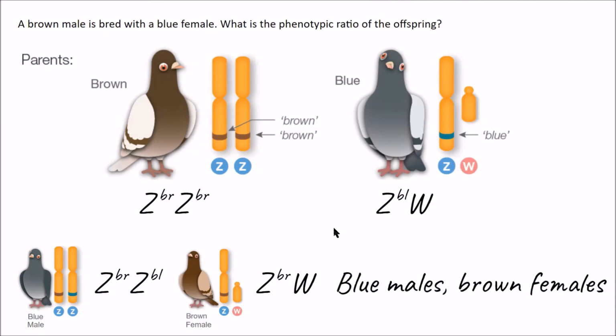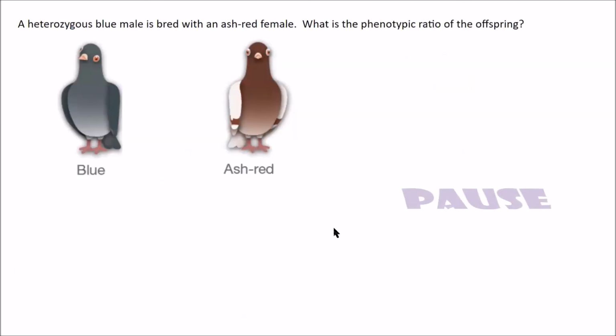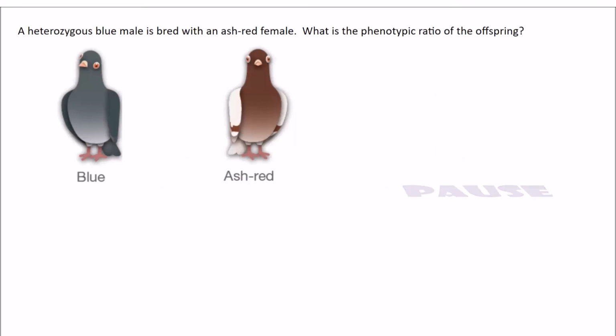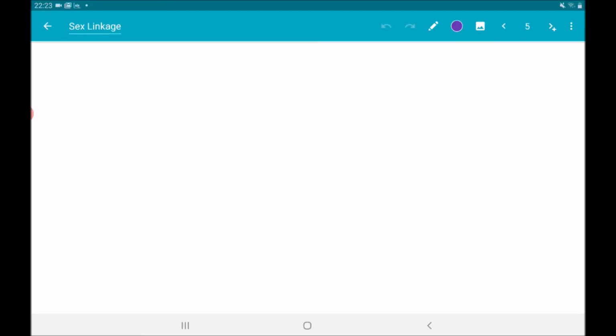Are you ready? We've got a heterozygous blue male bred with an ash red female. What is the phenotypic ratio of the offspring? Heterozygous, be careful. That means our blue male has two alleles that are different.